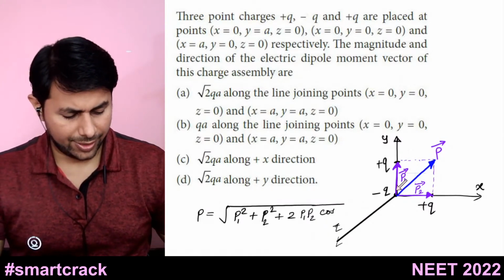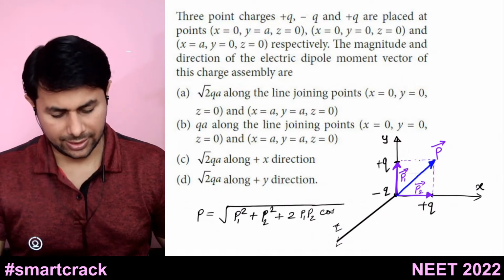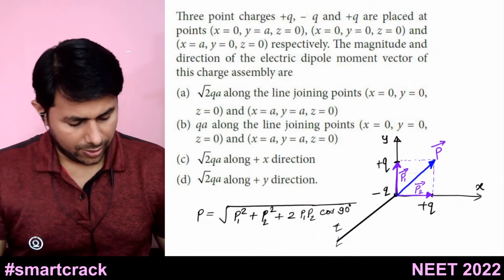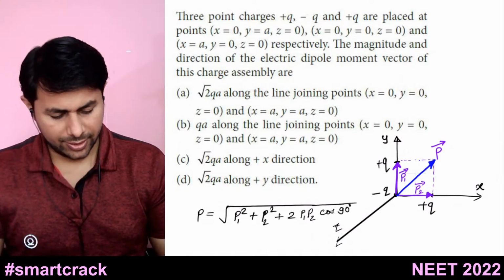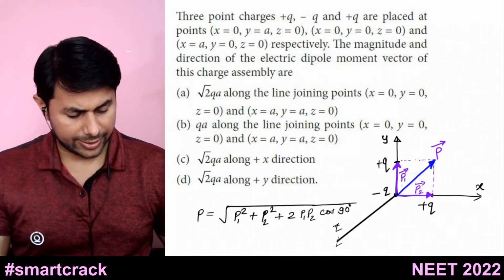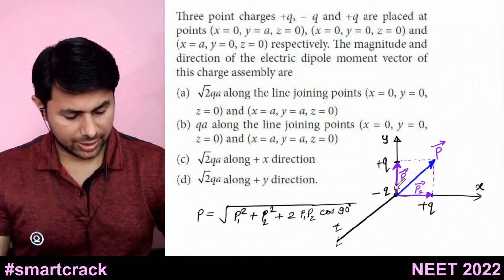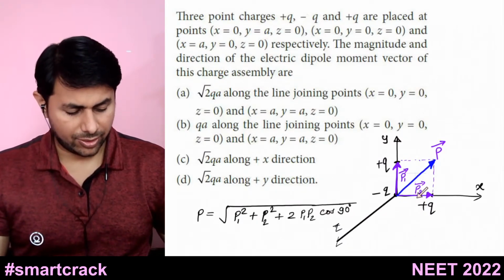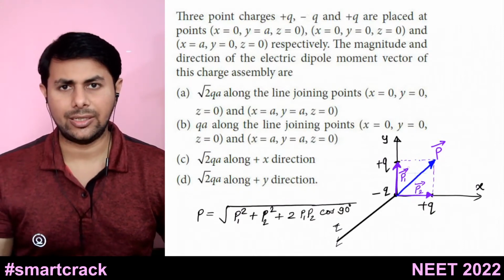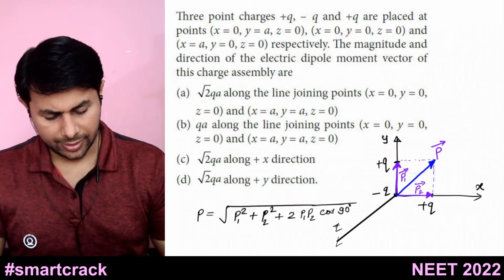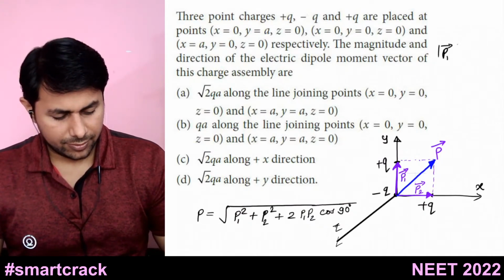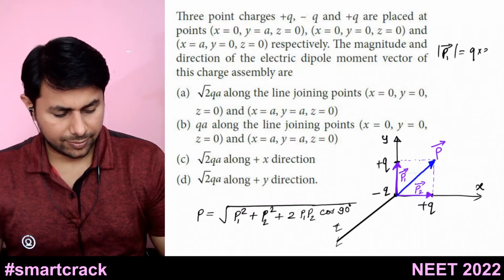And how much is the angle between P1 and P2? It is 90 degrees. Okay, so cos of 90 degrees is 0, so this term is 0. Magnitude of P1 is equal to magnitude of P2 because this distance is the same as that distance. So how much is the magnitude of electric dipole moment? It is q into 2a. So magnitude of P1 is equal to q times 2a.